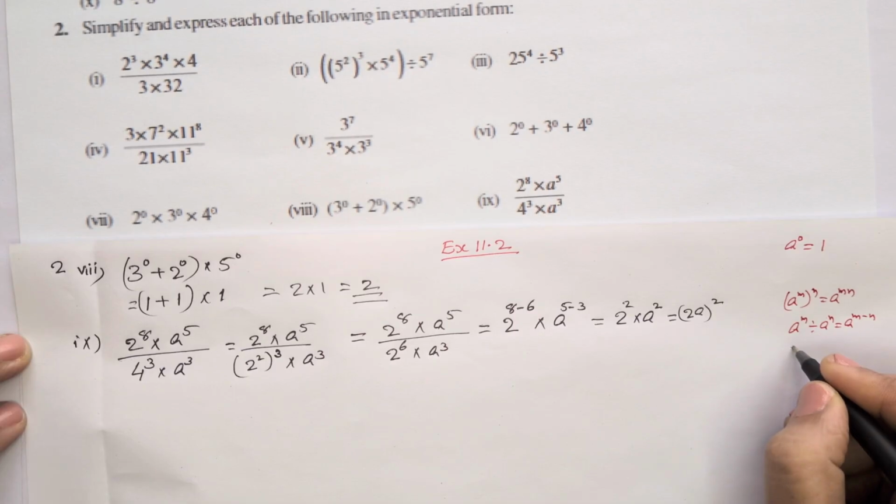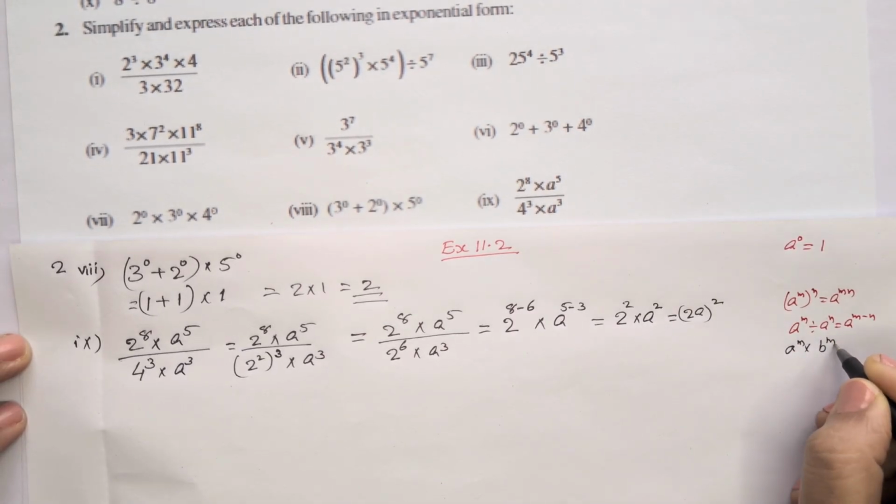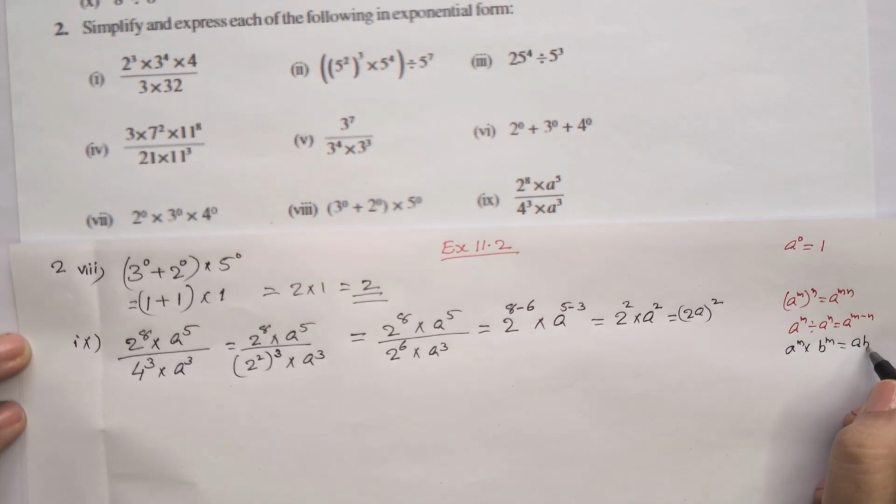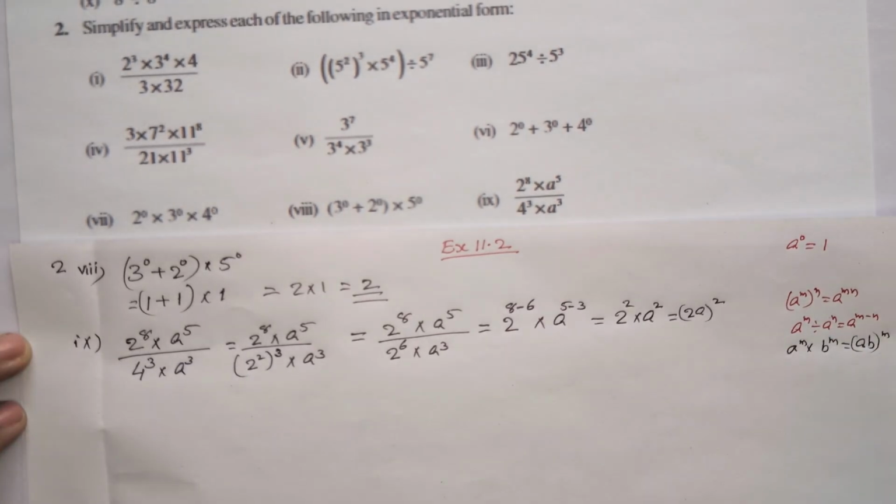Using the rule a raised to m into b raised to m is equal to a into b, ab raised to m.